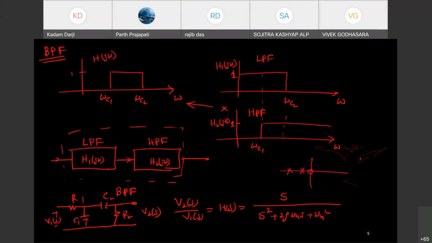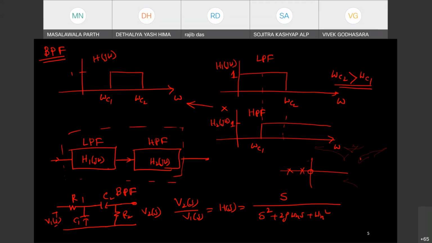Now my question is, if you change this order, if you take the reverse order, first high pass filter followed by low pass filter, what will you get? Band reject. Again, see the condition I have considered: the cutoff frequency of the low pass filter is omega C2, the cutoff frequency of the high pass filter is omega C1, where omega C2 should be more than omega C1.